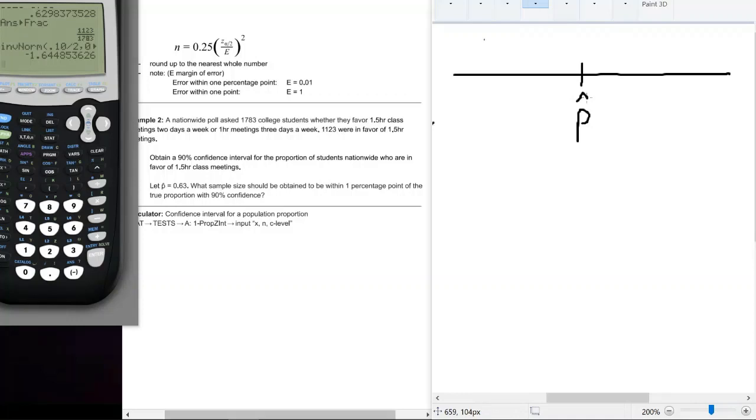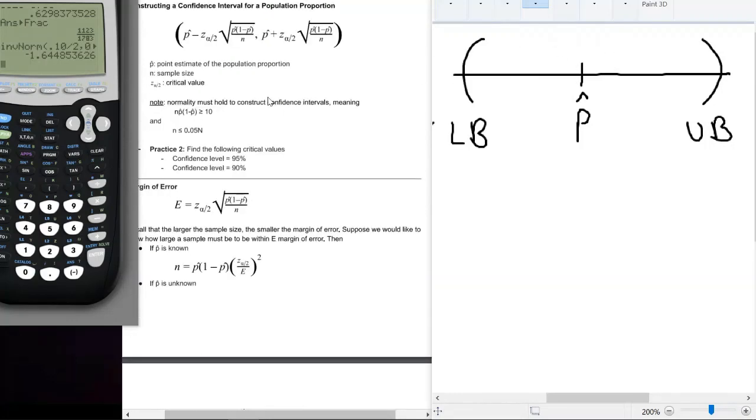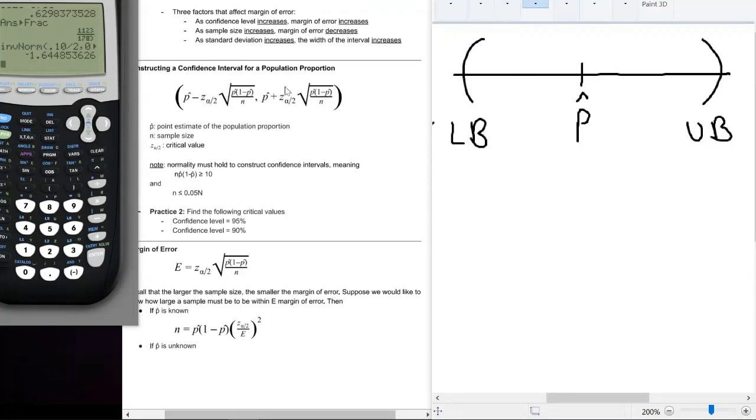So let's create a region, a plausible region with some confidence where we believe the overall population value should be. It should be somewhere in there, right? And once again, in order to calculate that, we need the lower and upper bounds for this acceptable region. And that's going to be this formula here.